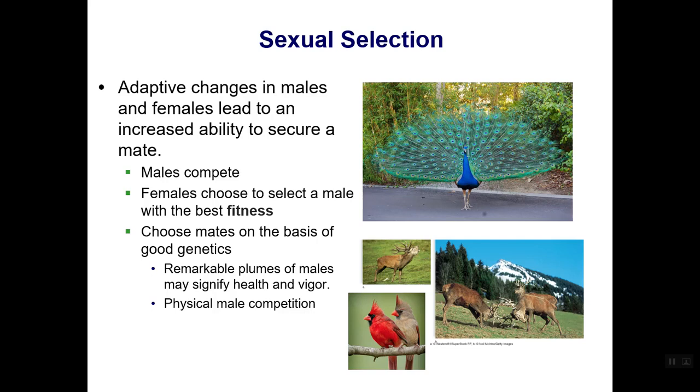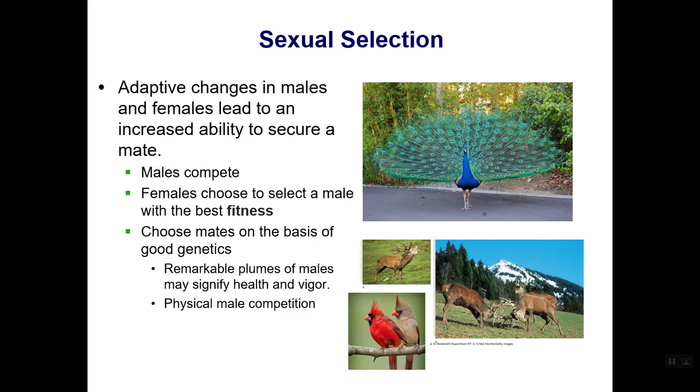So for example, in peacocks, the females are attracted to all of these eyes on their feathers. So the peahen is attracted because you have the peacock and you have the peahen. The hen is the female. So she would be attracted to all these beautiful eyes on the plumage of the peacock.